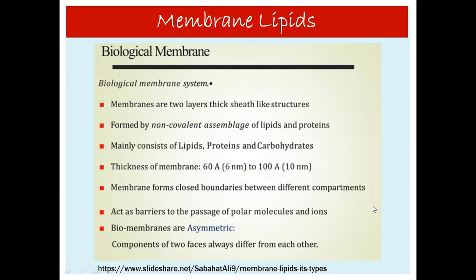Here you can see, in a pointed manner, first of all, membranes are two-layer, thick, sheet-like structures formed by non-covalent assembly of lipids and proteins. Most membranes, like cell membranes, are two-layer thick structures formed mainly by lipids and proteins, and carbohydrates are also there.